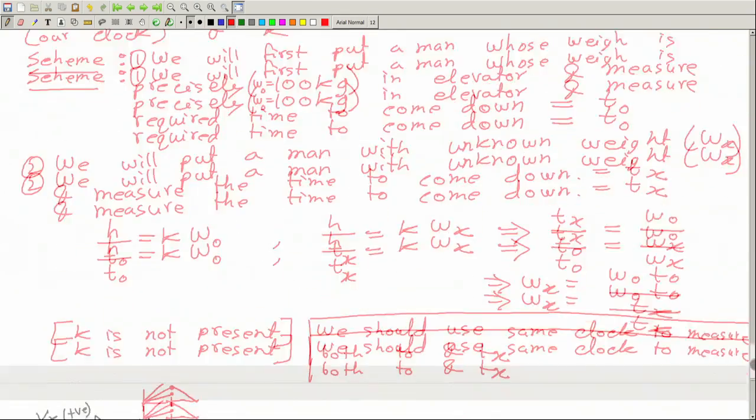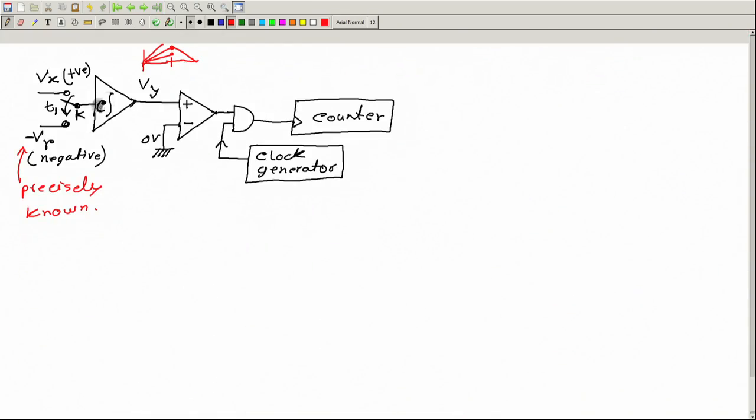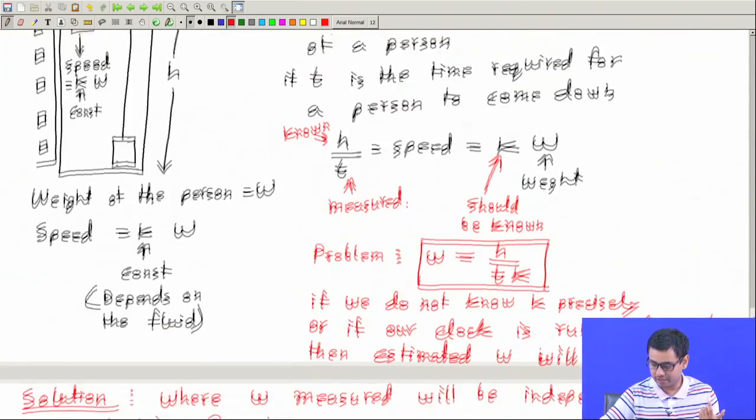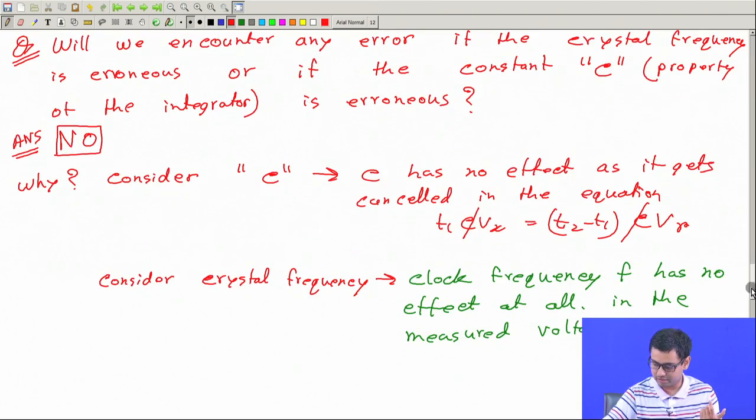Okay. Similarly, the effect of C will not matter. Similarly, this counter is now driven by some clock generator. Now, if the clock generator starts to run faster or slower, what will happen is that this time and this time they will be shortened or elongated by equal proportion. So, therefore, it will not affect the measurement, and that we have seen in our previous day with thorough derivation.